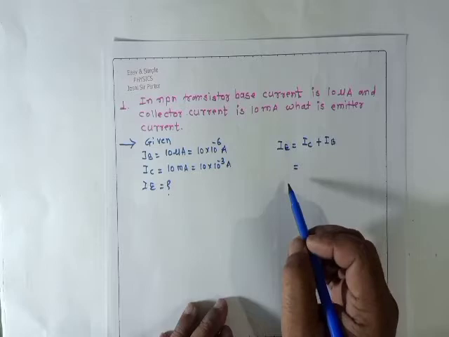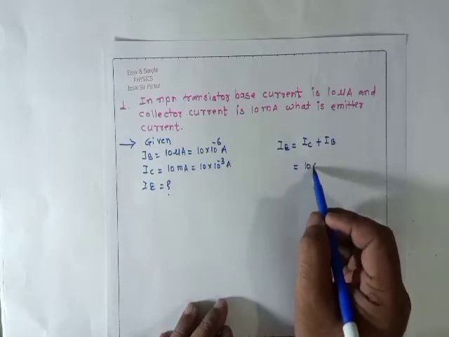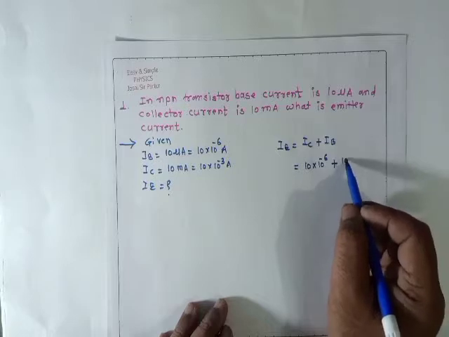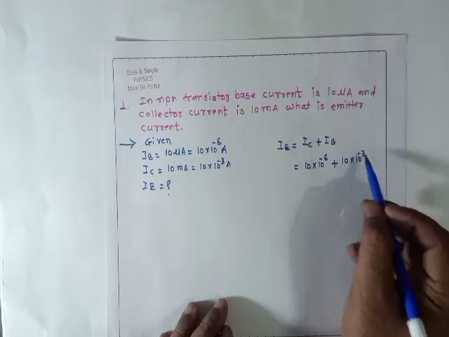So here it will be 10 into 10 raised to minus 6 plus 10 into 10 raised to minus 3.